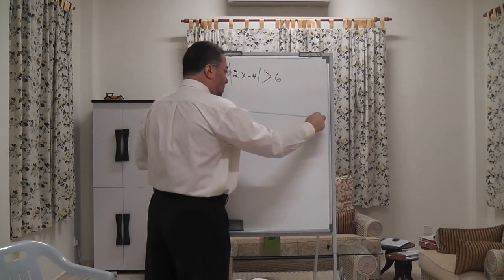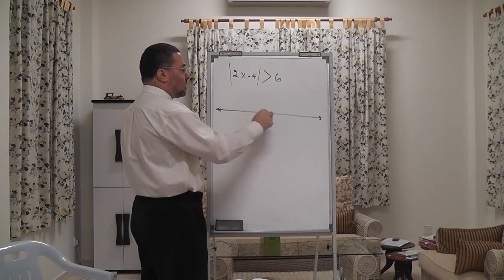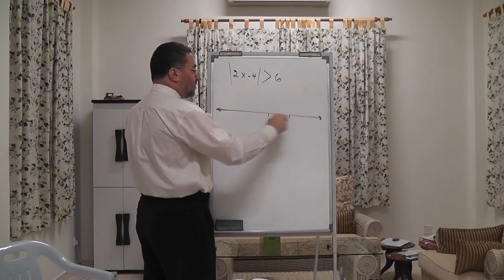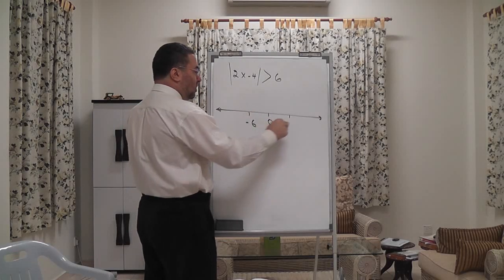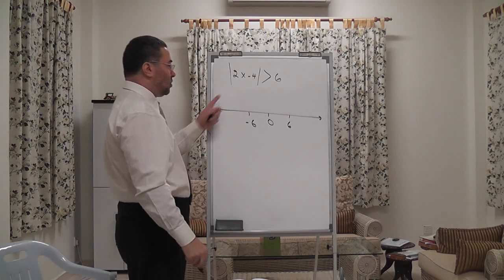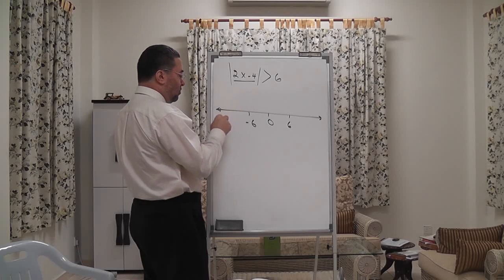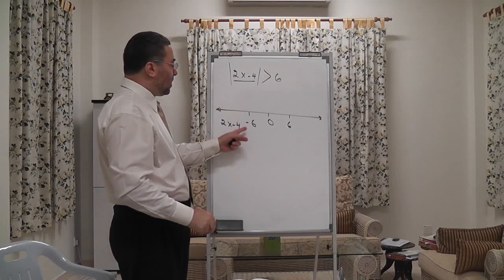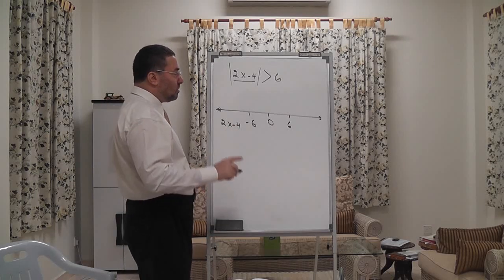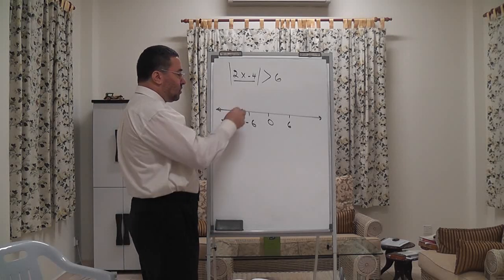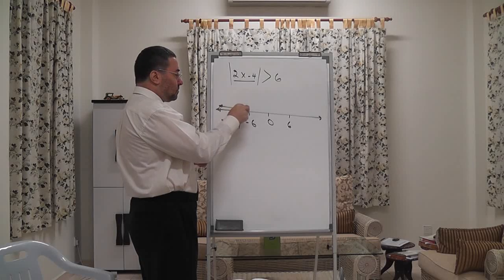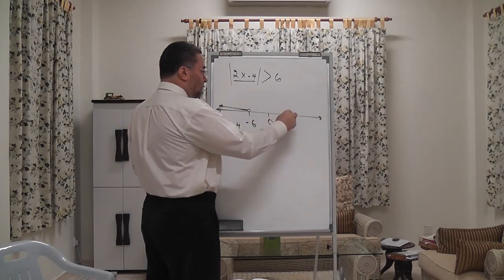Here, to see the solution set, we go back again to the definition of absolute value. And in this case, our number is 2x minus 4. And the region where 2x minus 4 will be more than 6 units away from 0 will be this one, or here.